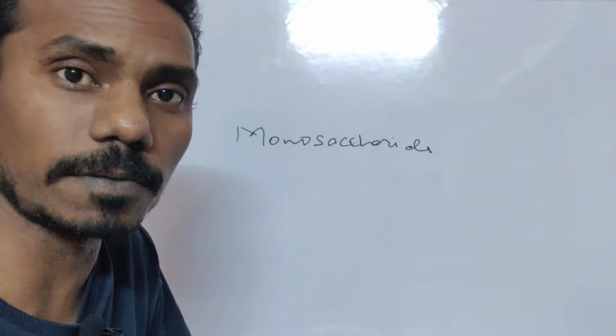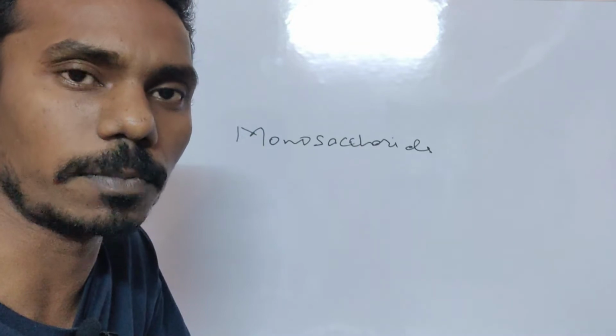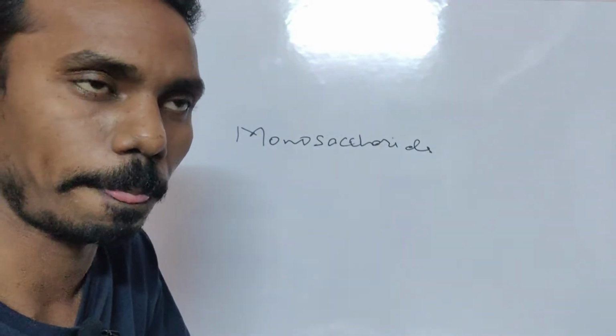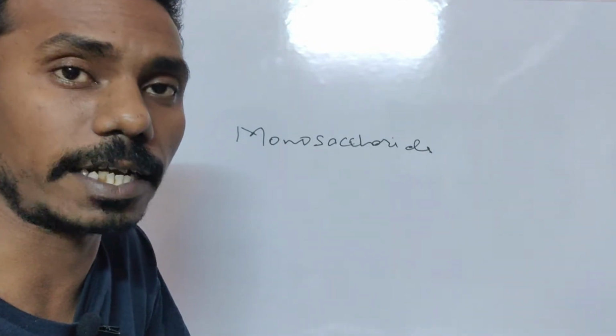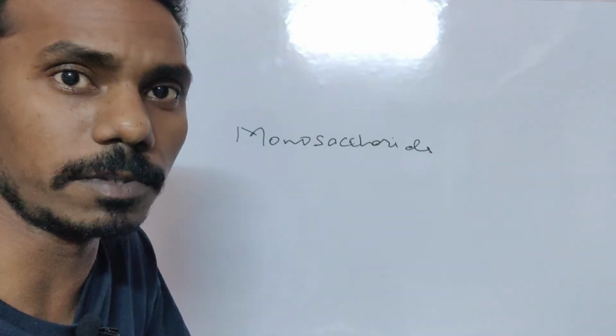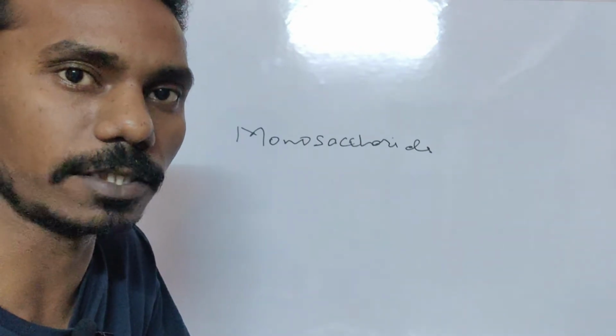And the one molecule of saccharide may be composed of 3 carbons, 4 carbons, 5, 6, 7, 8, 9 and 10. Basically, it has been seen that animals do contain monosaccharides with 3 to 7 carbon atoms. Apart from animals, there are 8 carbon, 9 carbon and 10 carbon monosaccharides also.